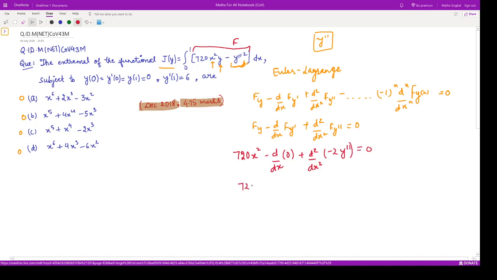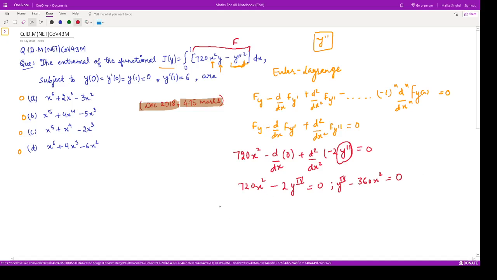We have 720 x squared minus 2, and here we have to differentiate y double dash 2 times, so we'll have y to the power 4, equal to 0, or we can write it as the fourth derivative of y minus 360 x squared equal to 0. So we have to solve this ordinary differential equation.